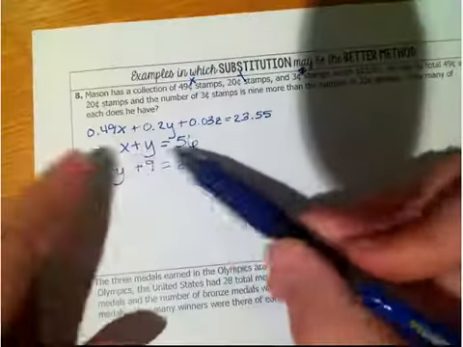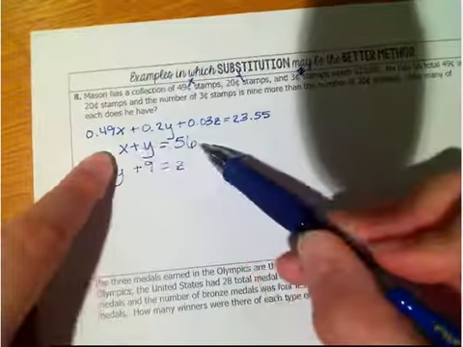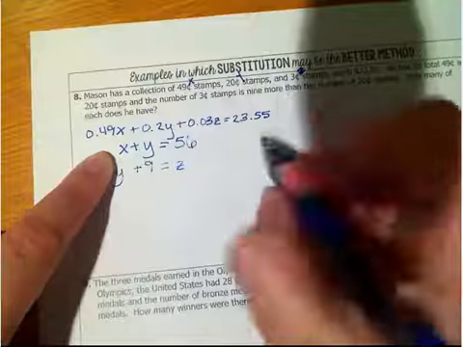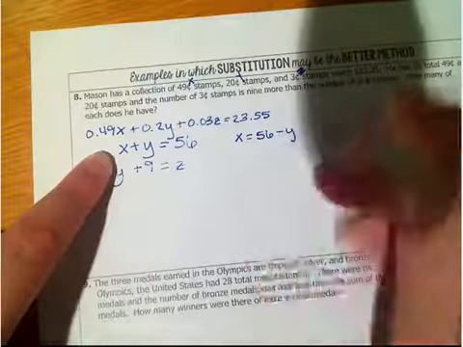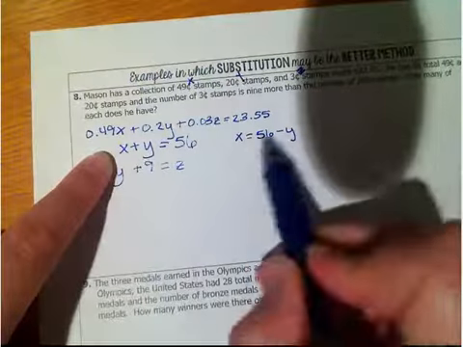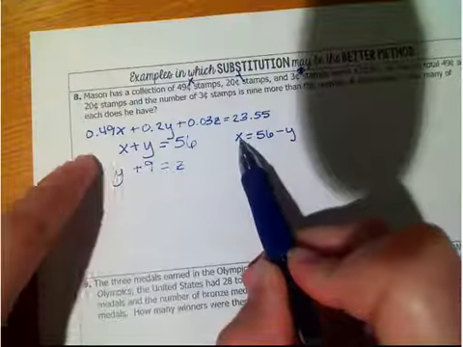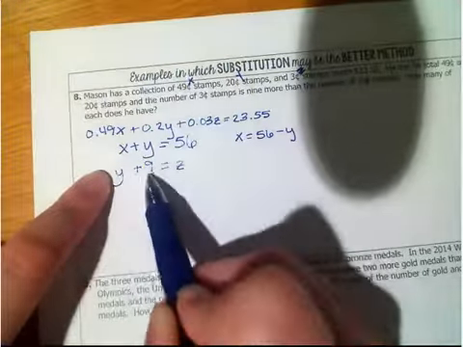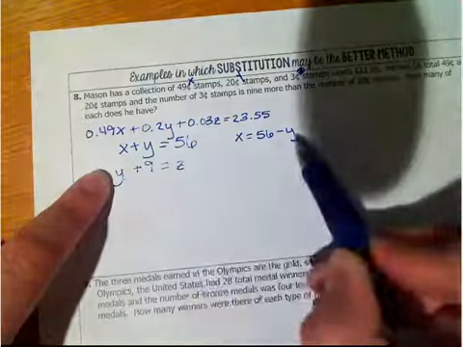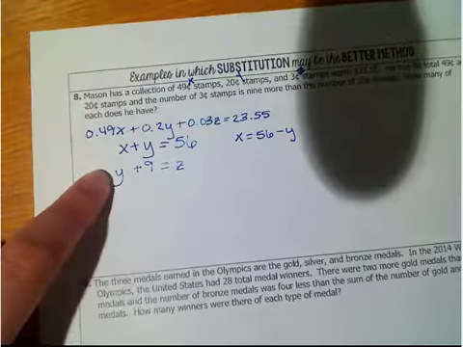If I rearrange my second equation, so it's X equals 56 minus Y, I can substitute this in for X. I can leave this equation like it is and substitute this in for Z, and that would leave me with all Y's.